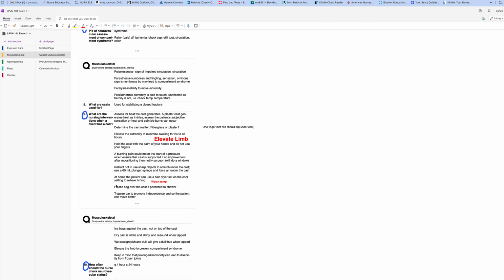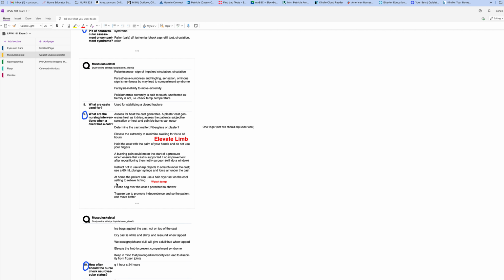All right. So the nursing interventions when somebody has a cast, you're going to ask what kind of material. Is it fiberglass or plaster of Paris? Okay. So fiberglass are all the cute, colorful casts. Those are fiberglass casts. And the benefit of those is they solidify, or dry, I should say, within 30 minutes, whereas plaster of Paris takes a little bit longer, okay?